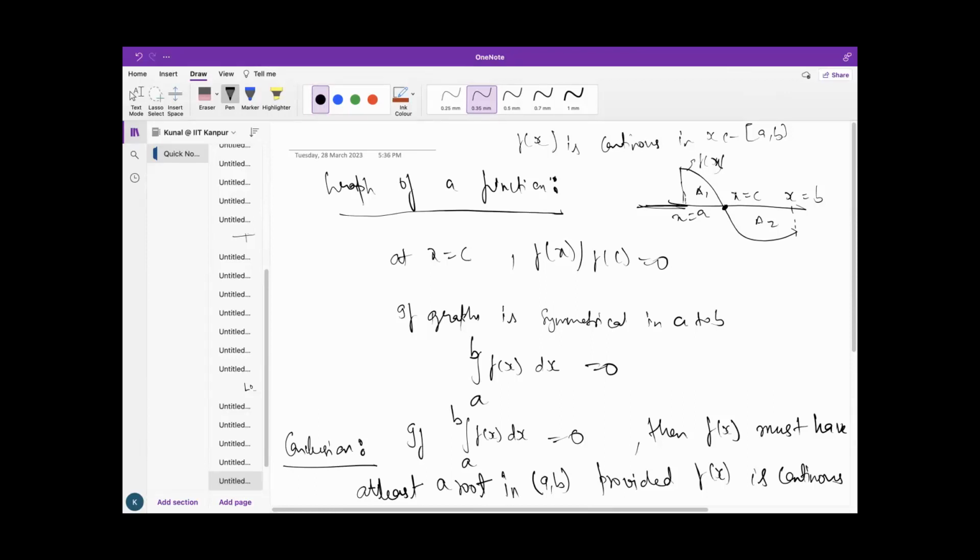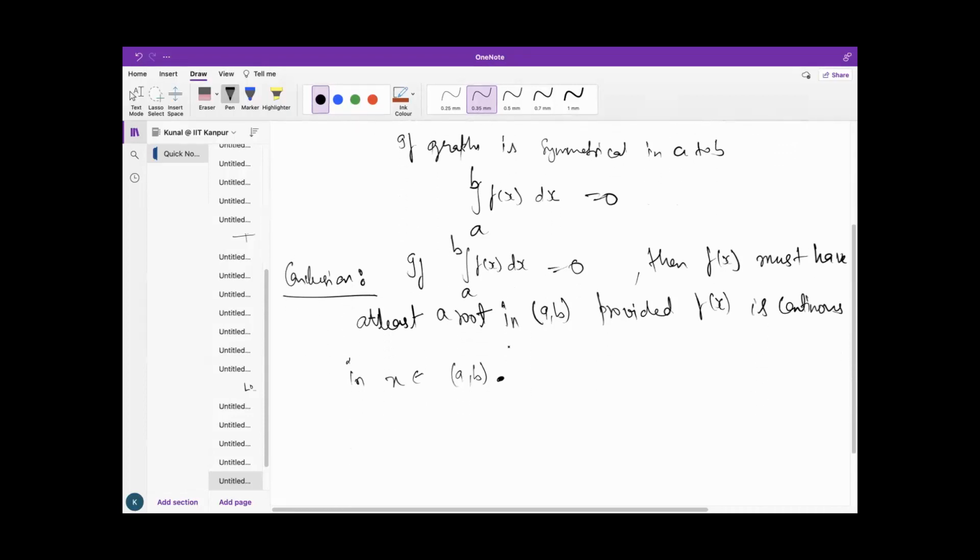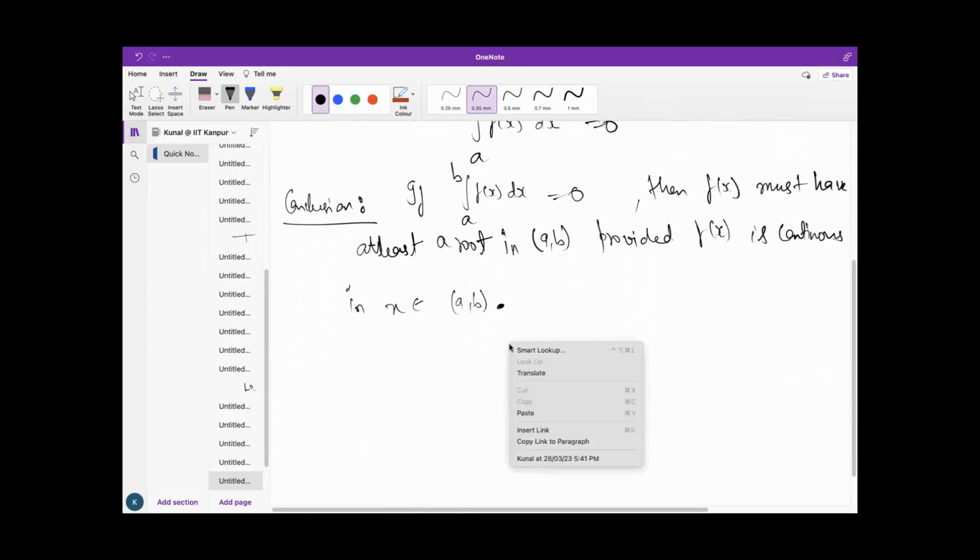So what can we say? The conclusion explains that if the integral of f(x) dx from A to B is 0, then f(x) must have at least one root in A to B, provided f(x) is continuous in A to B. I hope you all understand this. It may be like if the graph is something, let me show you.